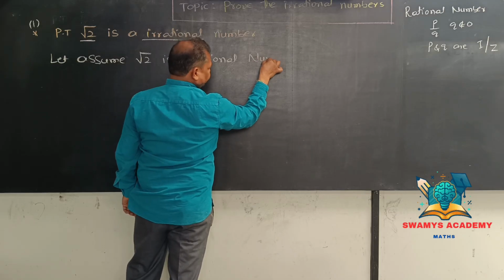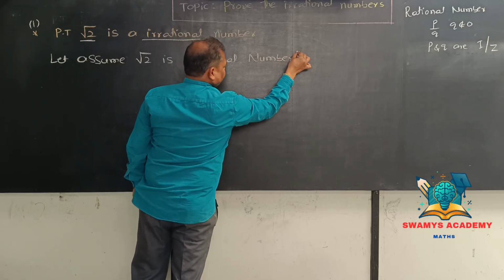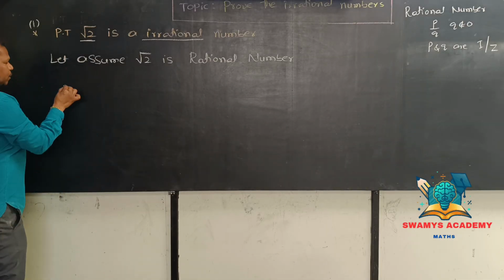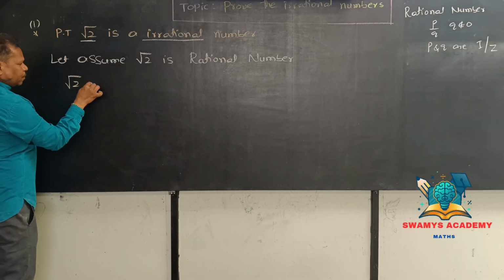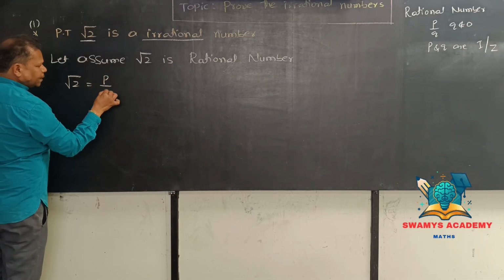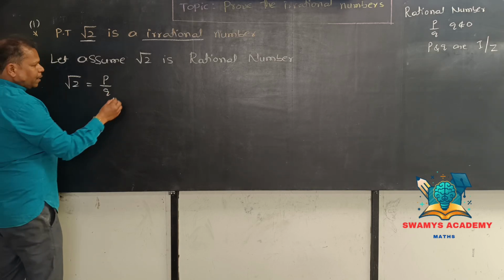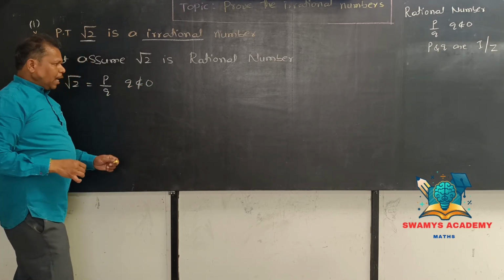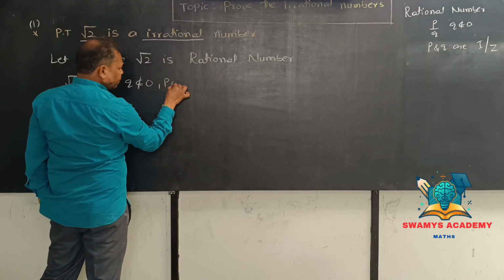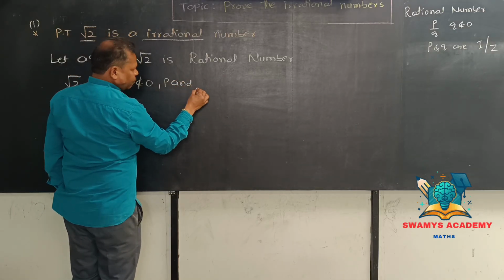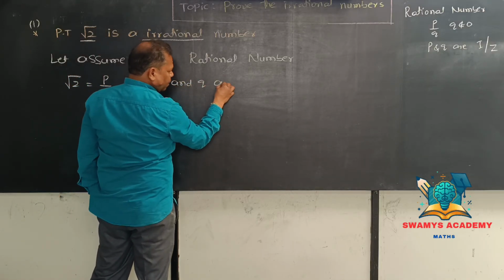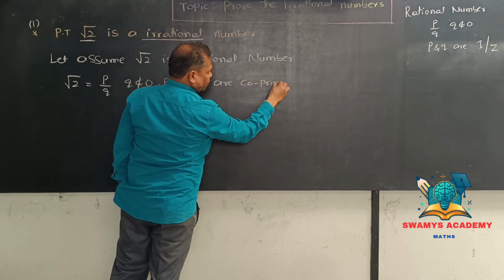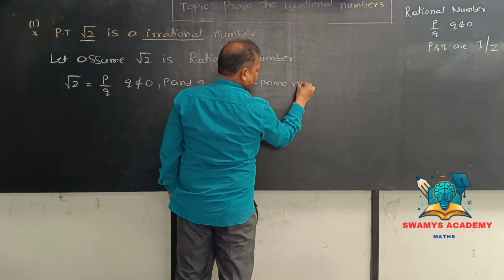So we take square root of 2 as p by q, where q is not equal to 0, and p and q are co-prime numbers.